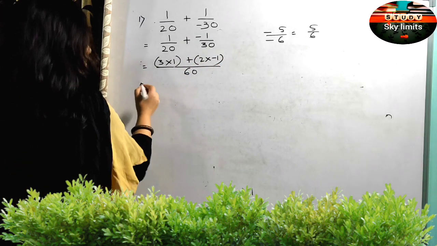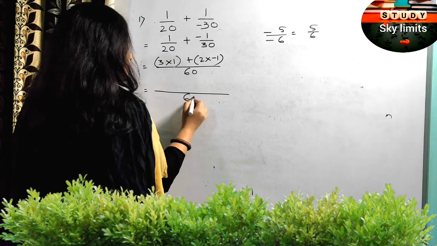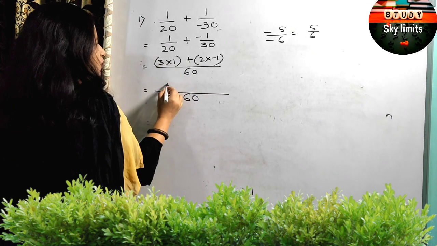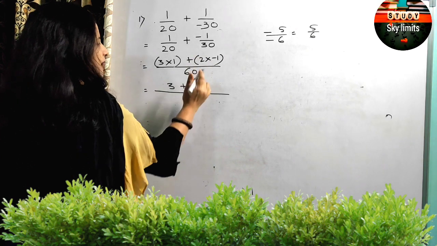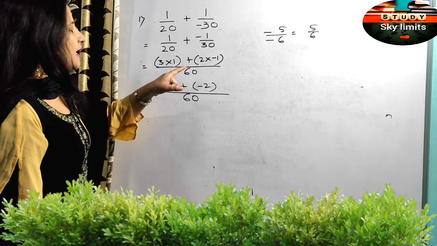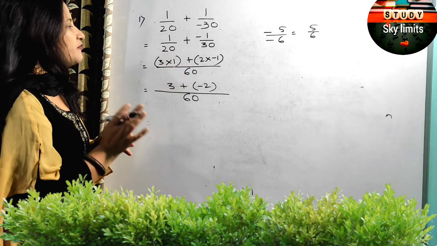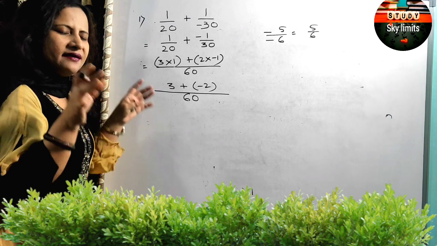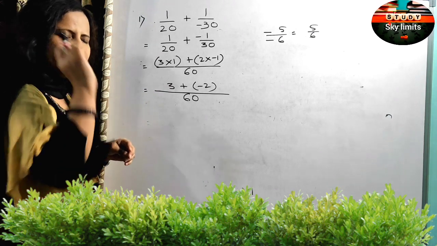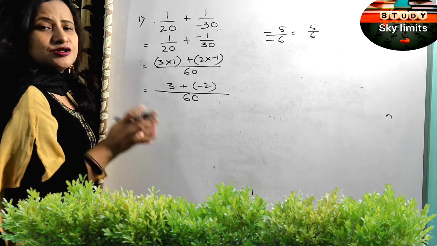So be very careful about it. 60. 3 multiplied to 1 is 3. 2 multiplied to minus 1 is minus 2. Still, if you have confusion in the signs, then please go back to the videos on integers and clear your ideas, because I told you the idea of integers is very, very important to solve rational numbers, right?